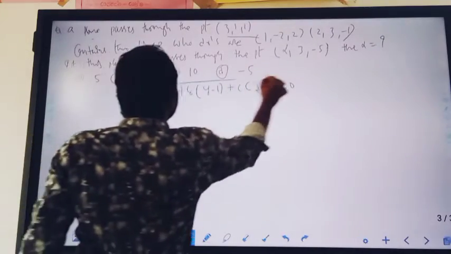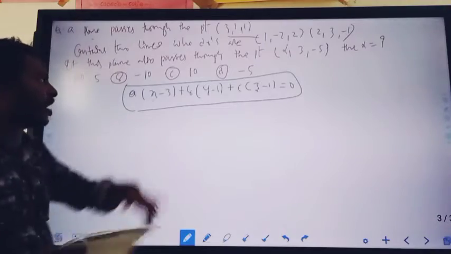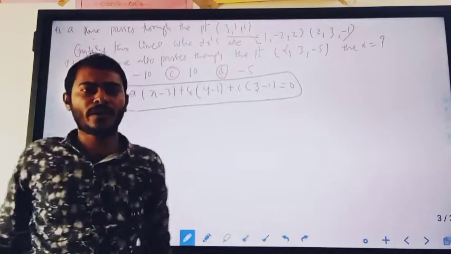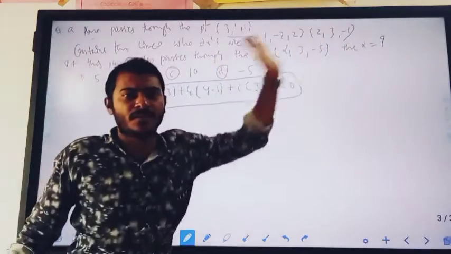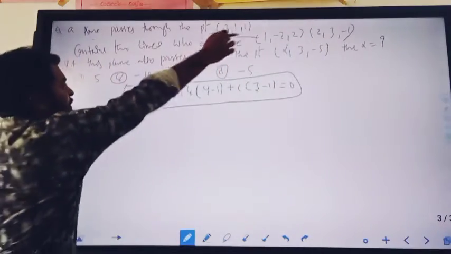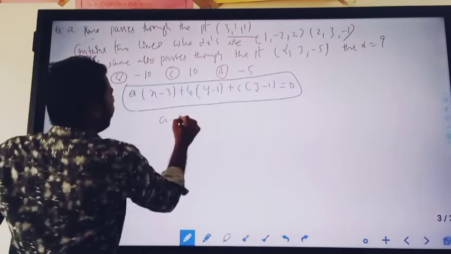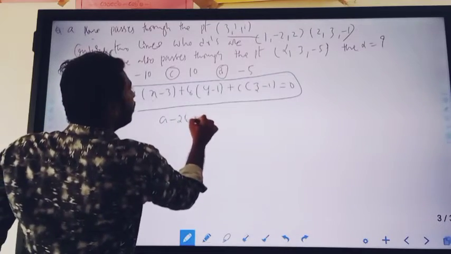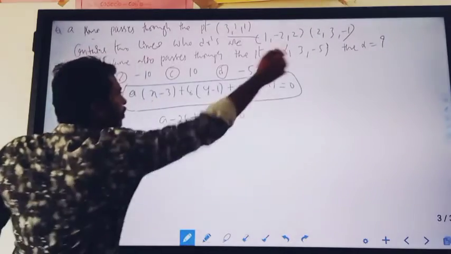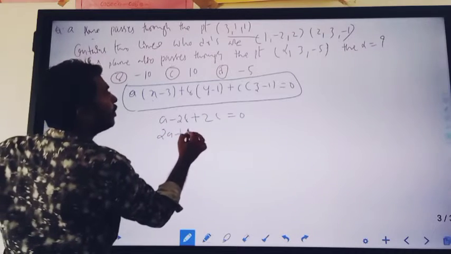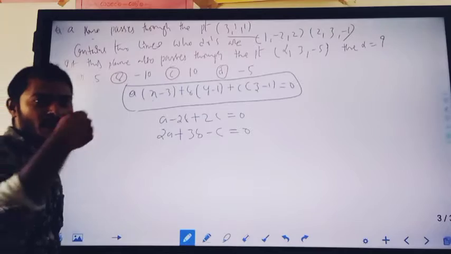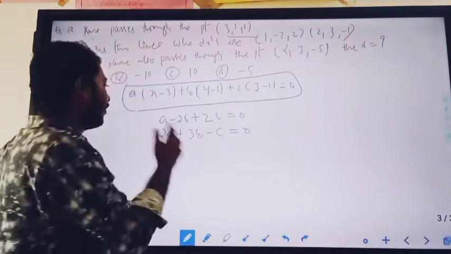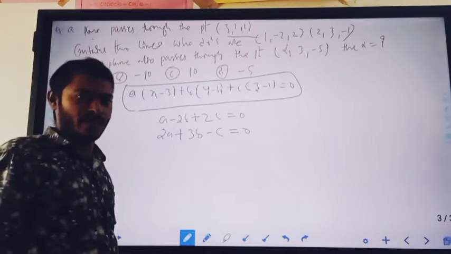That is the plane passing through 3, 1, 1. Next, it contains two lines whose direction ratios are given. So that is a minus 2b plus 2c equal to 0, and the next one is 2a plus 3b minus c equal to 0. From the given DRs, we form the two equations.